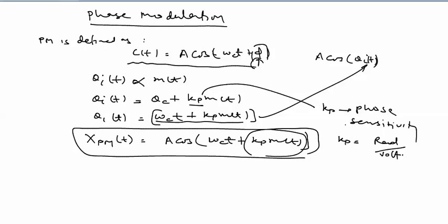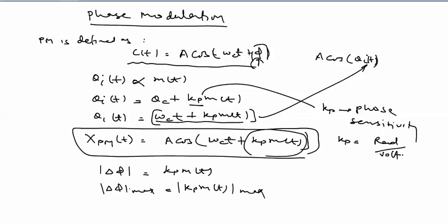Now move to the next parameters. Phase deviation comes from this expression kp m(t). Maximum phase deviation is the maximum of this term. Maximum frequency deviation: to calculate frequency from phase, we have to differentiate this. By differentiation we get the frequency term omega c plus kp m'(t).